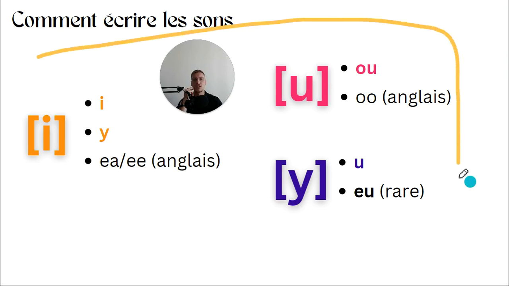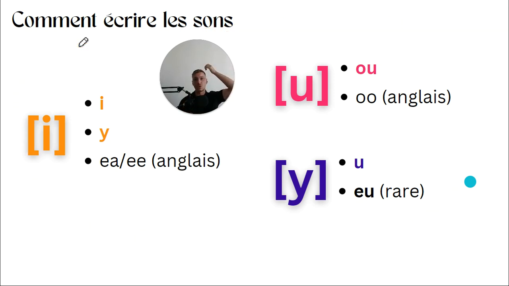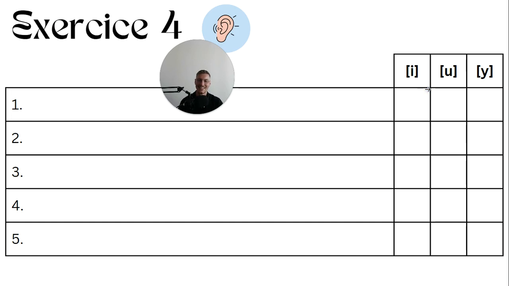I promise you. In the next video, we're going to review the voyelle nasal, and one of them has something like 10 or more different ways to spell it. So it's way more complicated.